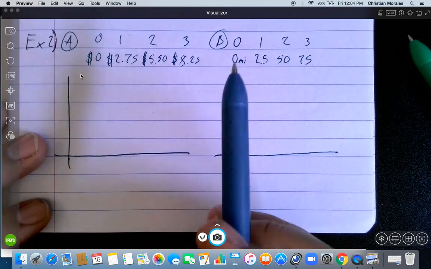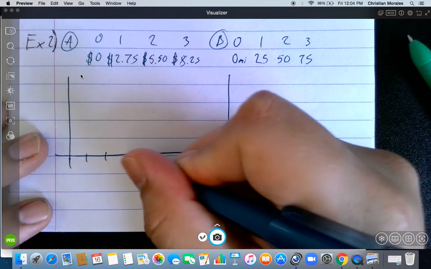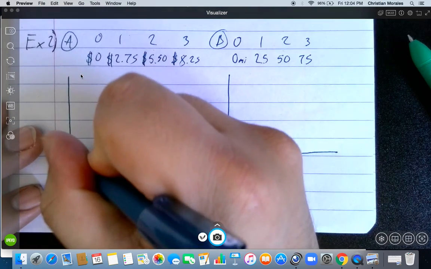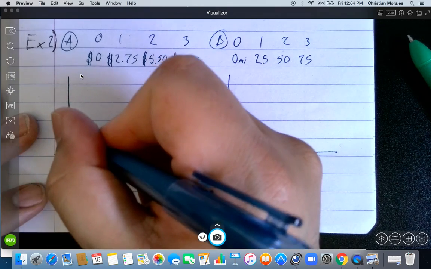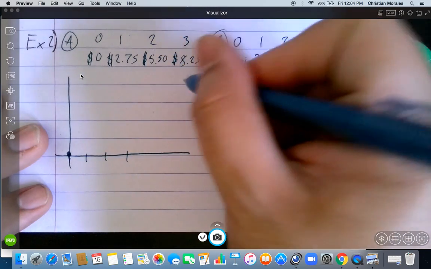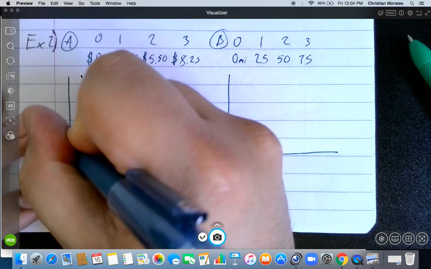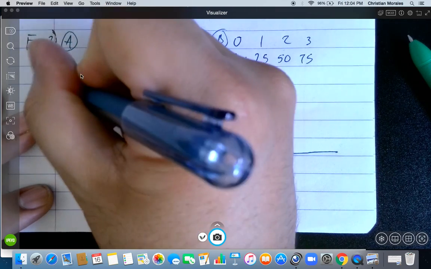Okay, so here, since these are my x's, I would just label 1, 2, and 3. Now, at 0, it's 0. At 1, 2.75. So I'm going to count this a little differently. Let's count it by going up to 8. Let me count it by 2, 4, 6, 8.